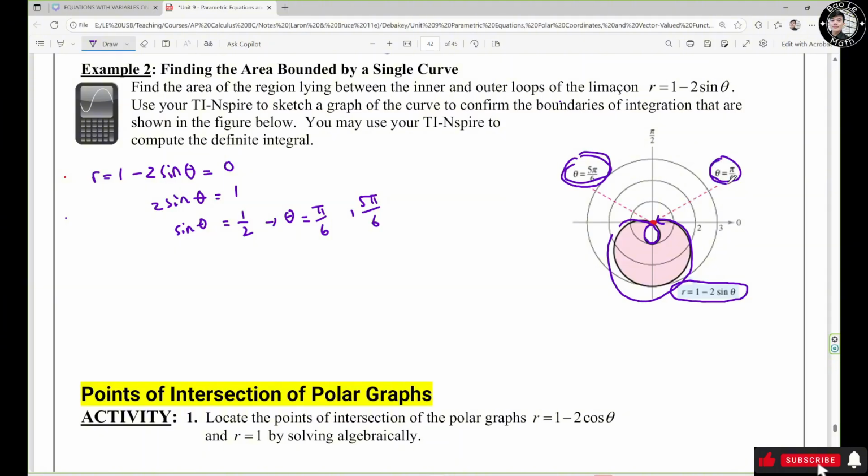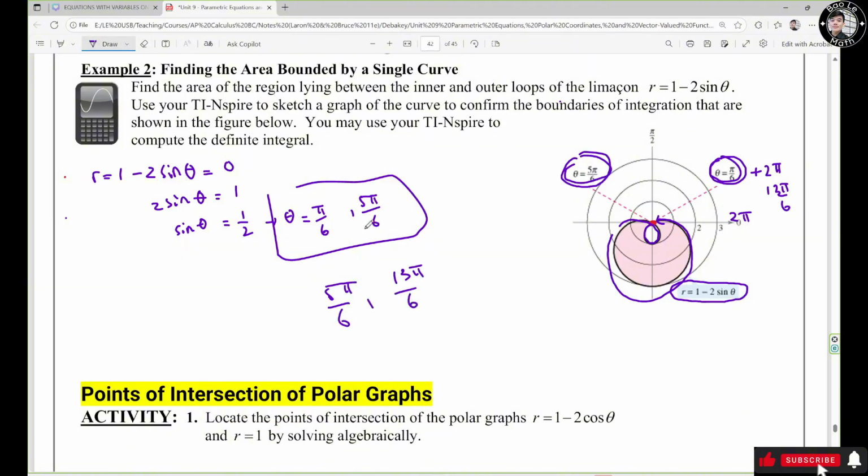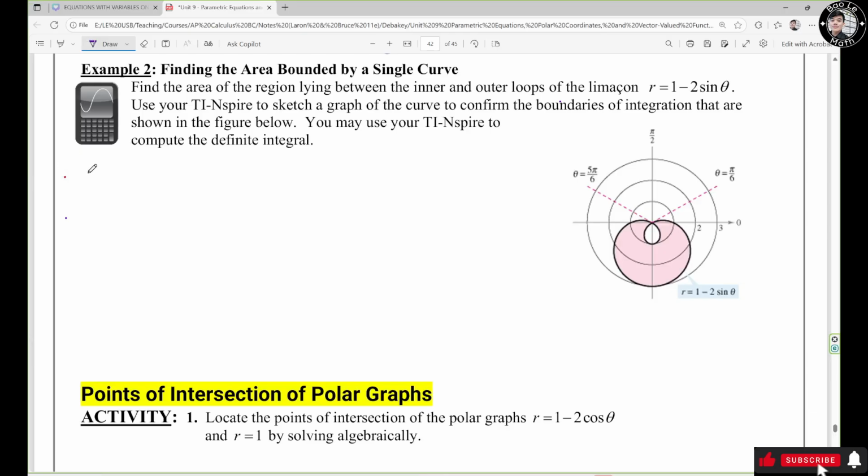So it should be pi over 6 plus 2 pi, which is 13 pi over 6. So this one is the inner loop, and the outer loop should be 5 pi over 6 to 13 pi over 6.